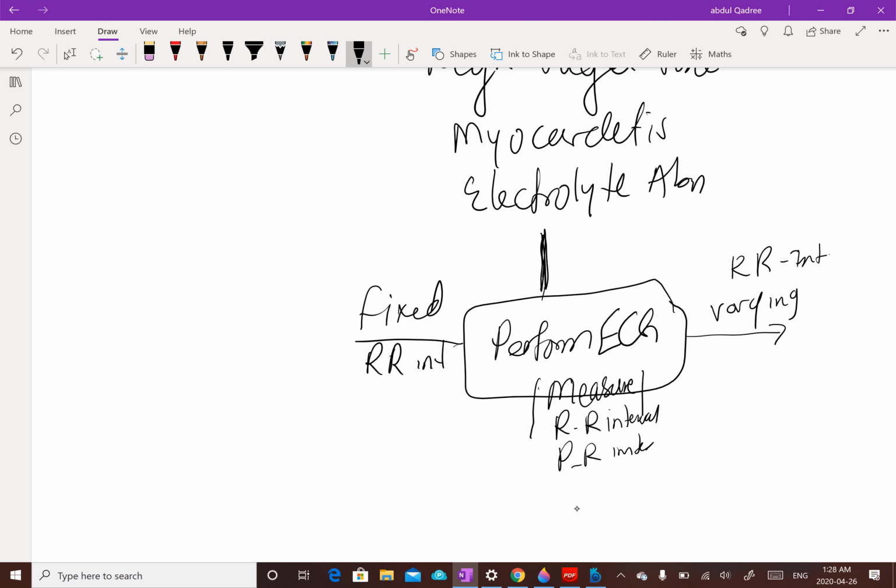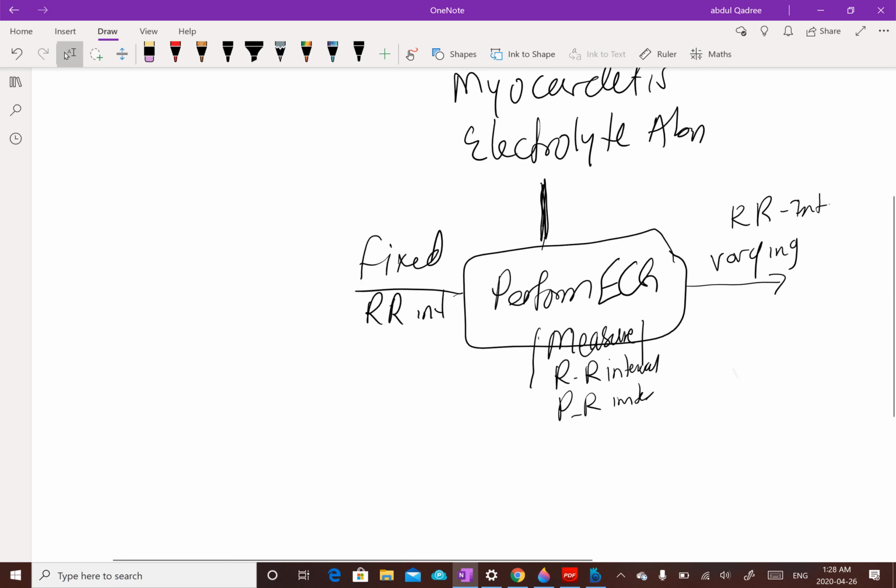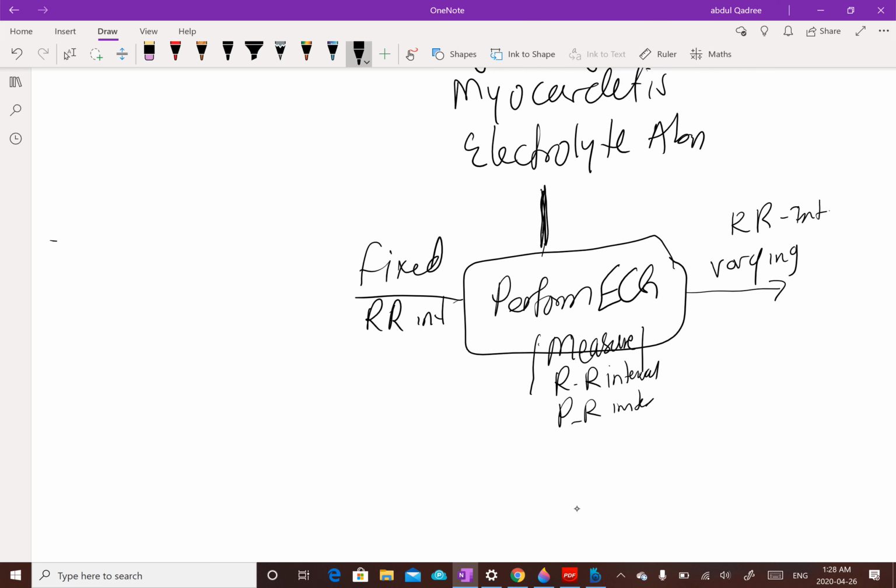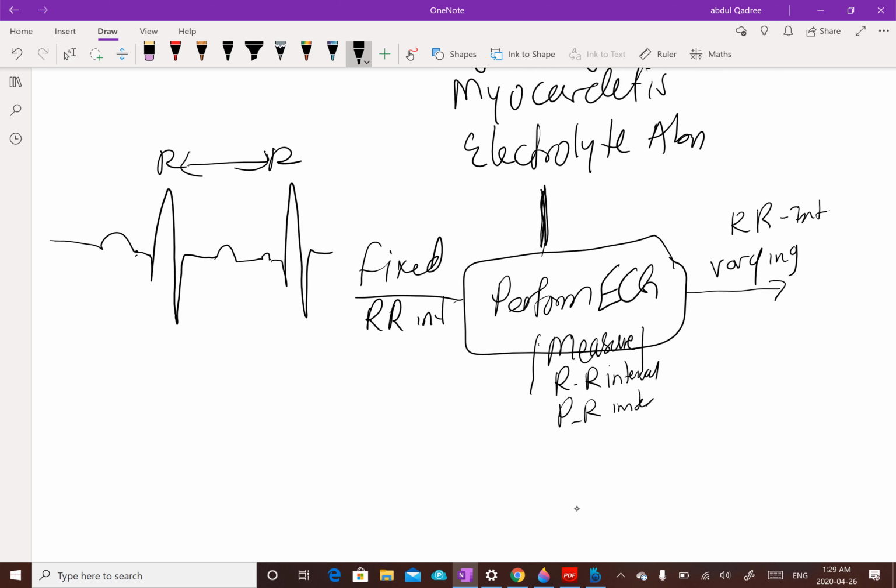When I say R to R, this is what I'm trying to say, ladies and gentlemen: R to R, from here to here. If it's changing, then of course it's varying. If it's fixed, it's the same, right? So let's say we have a varying R to R interval, correct?